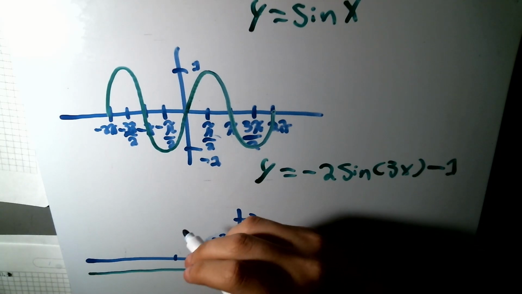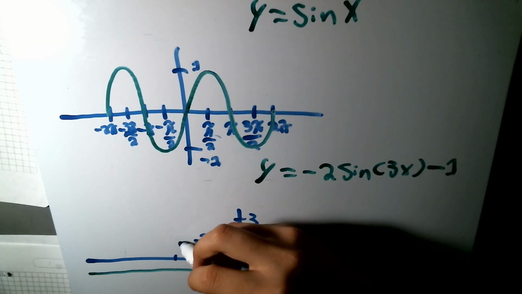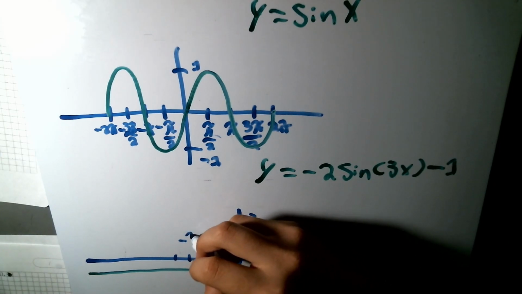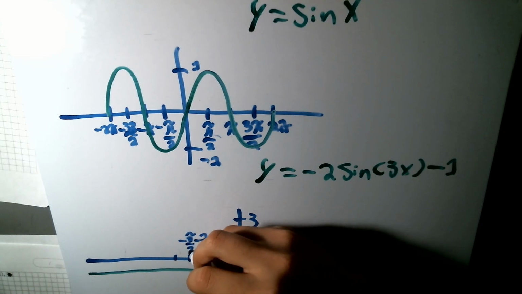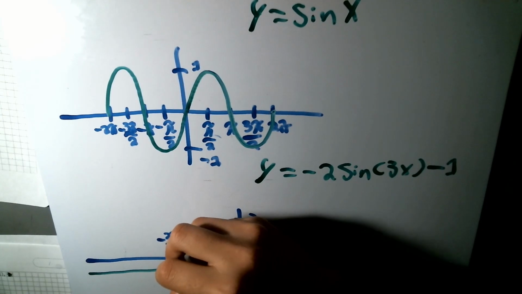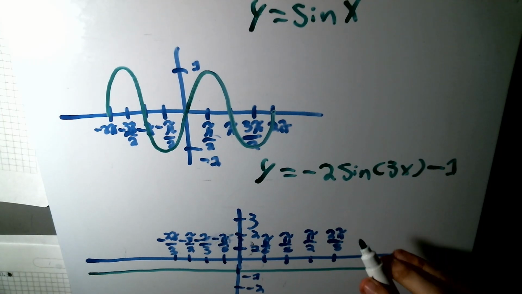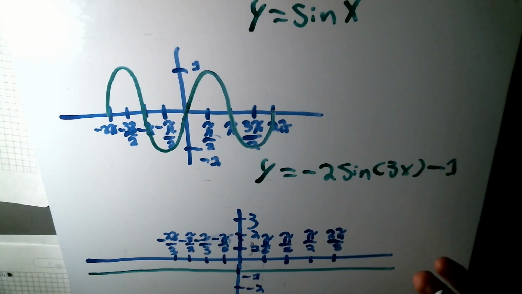Minus pi over 6, minus pi over 3, minus pi over 2, minus 2 pi over 3. Now, it goes below, and it is 2, so it's going to be bigger, and 3x is going to be more skinny.